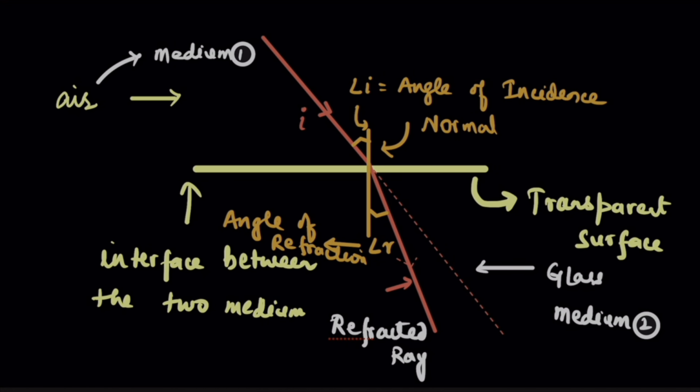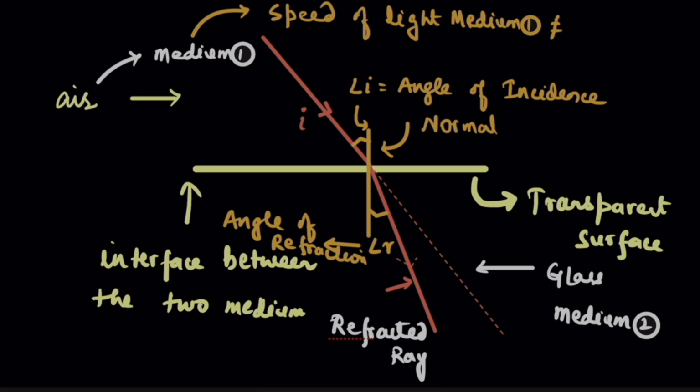So medium is changing when bending of light takes place. So here this air is medium 1 and the glass is medium 2. It means that the speed of light in medium 1 will not be equal to the speed of light in medium 2.